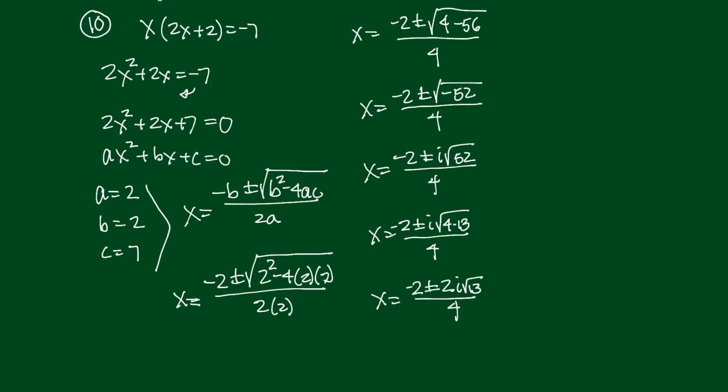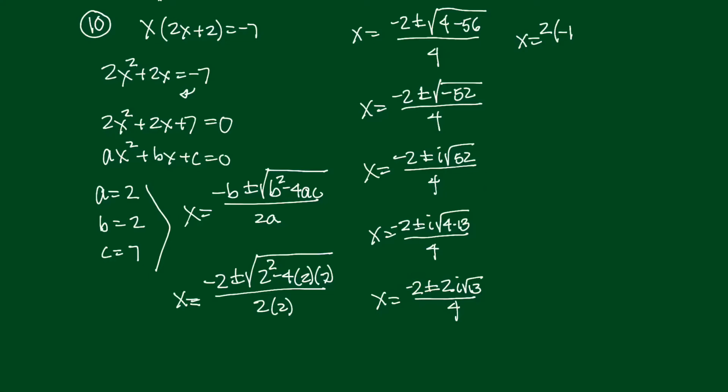Now the two terms in the numerator both have a 2 in them, so I'm going to factor that 2 out. So if I take that 2 out, I'll get x equals 2, and then what are we left with? A negative 1, makes sense? I'm taking a 2 out. So 2 times what would be negative 2? Well, negative 1.